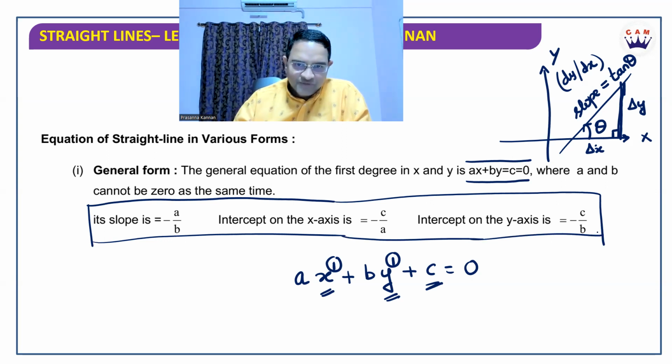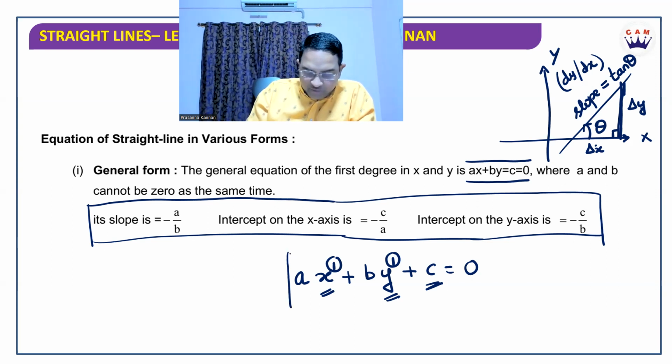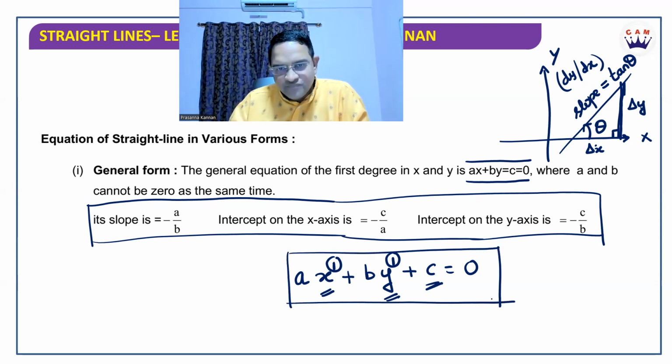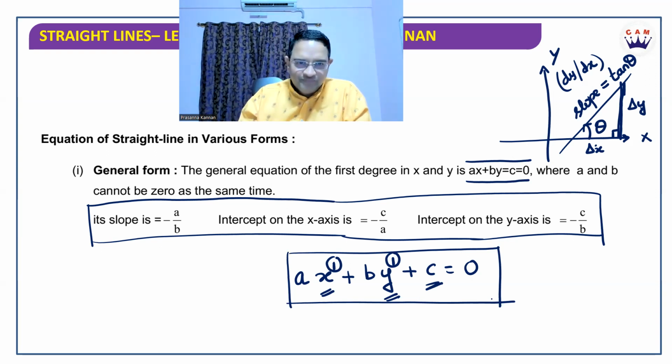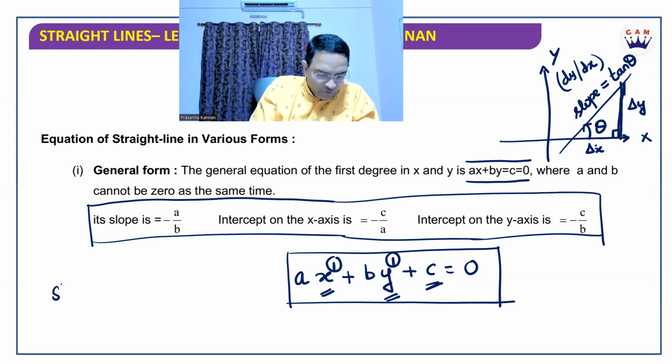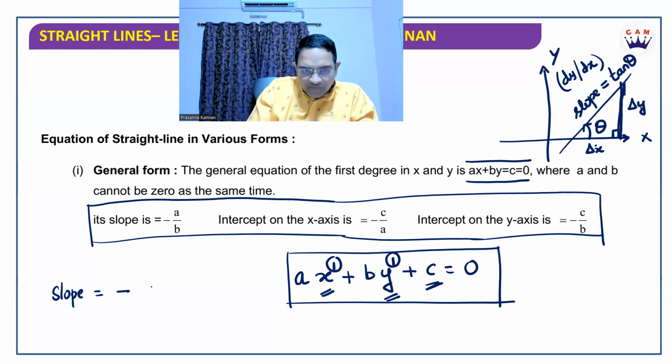Fine. So from this, what all things can you decipher? What all things can you infer? First thing is slope. If I have an equation of the form ax plus by plus c equal to 0, the first thing I can get is slope. How do you get slope? Very simple. Slope is given by minus coefficient of x divided by coefficient of y.